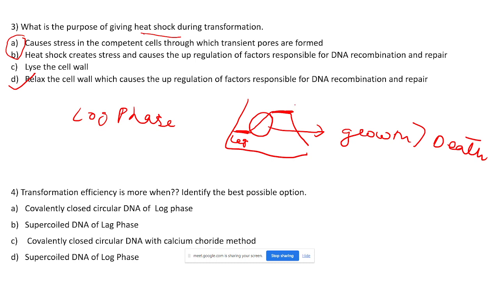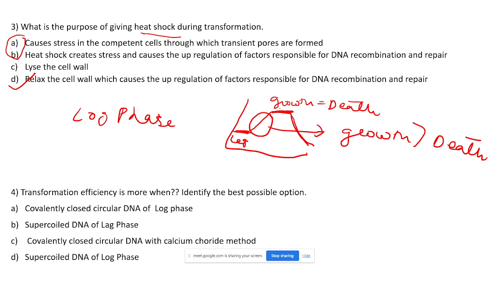But because nutrients are depleting, they will die also. So here growth rate is equal to the death rate in stationary phase. And then comes your decline phase, where death rate is greater than the growth rate, because whatever bacteria you have have completely utilized all the nutrients, all the growth factors, and nothing is left. Now they will start declining.